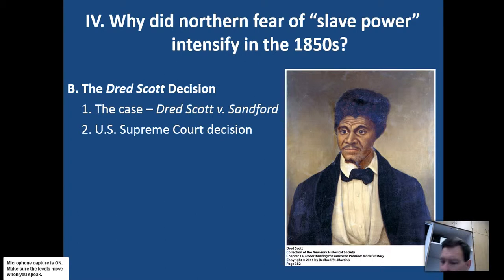He's a slave after all. The laws of Dred Scott's state, which was Missouri, dictate his status, which is a slave, and that does not make him free. And so Dred Scott is still a slave even after he sues for his freedom.